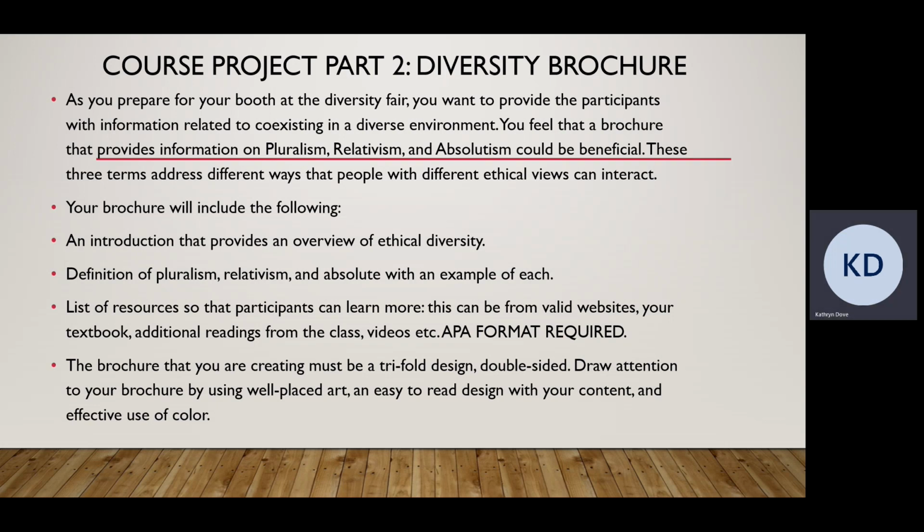Be sure to include an overview of ethical diversity. Again, define pluralism, define relativism and absolutism, and then provide an example. Include a list of resources so that your participants in the diversity fair can learn more about moral diversity. Be sure to use APA format when you list those resources.